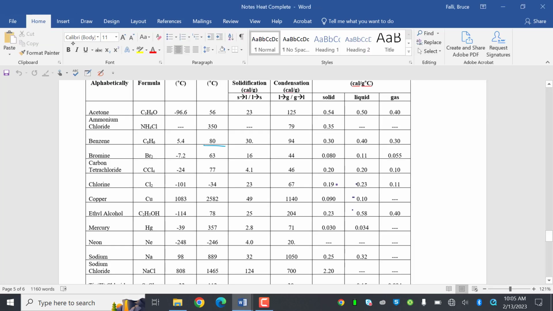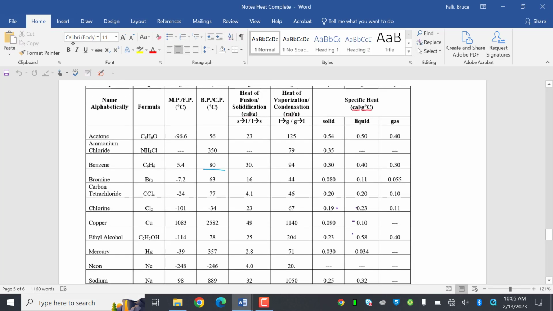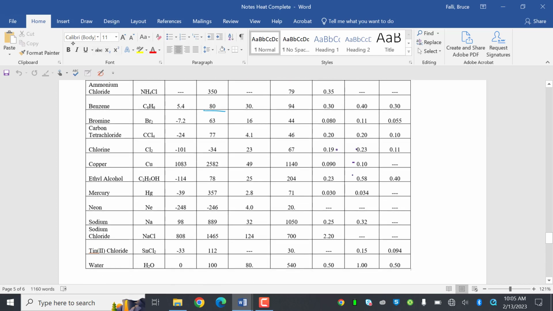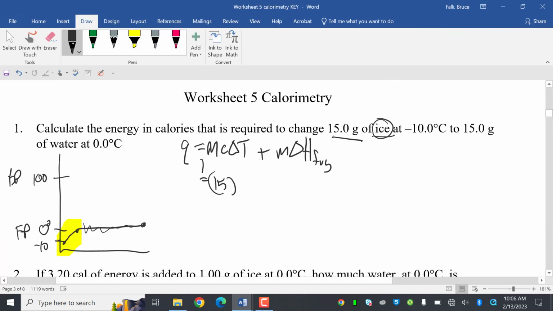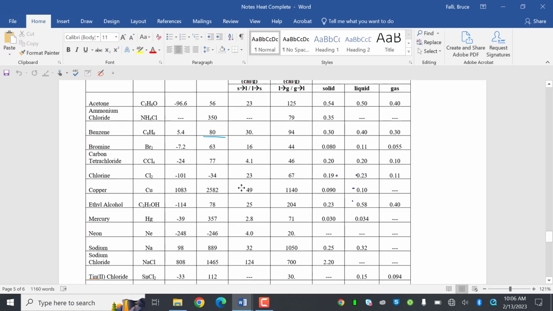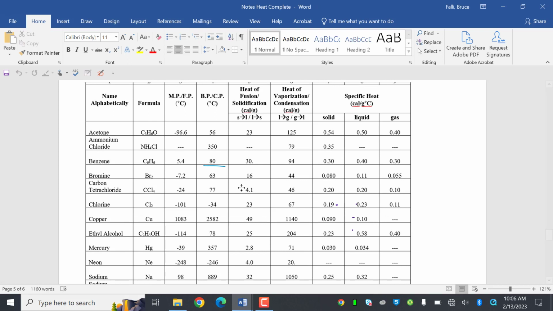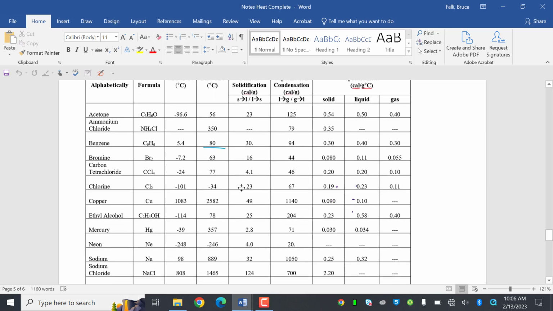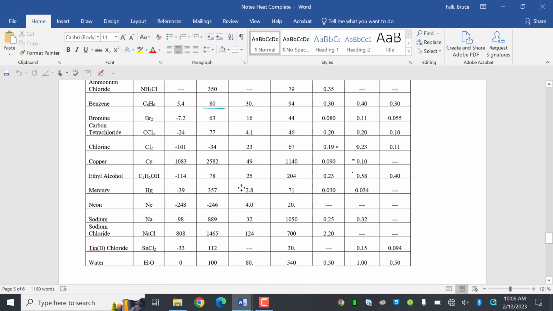So when I'm looking for specific heat, here's solid, so 0.5. Change in temperature from -10 to 0, which is 10. Plus mass, still 15. That'll always be the same. And the heat of fusion, in calories per gram, is 80.